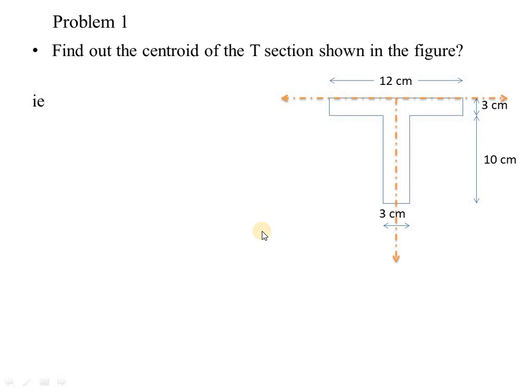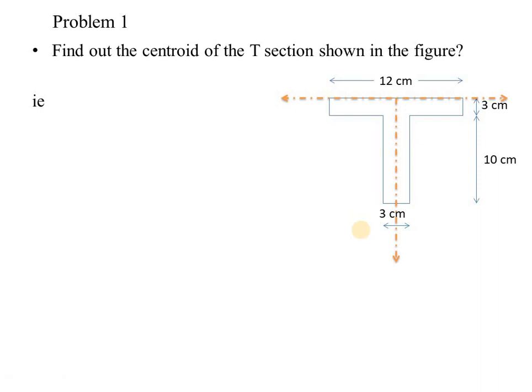First of all, we are considering the x and y axes as shown in the figure. That is, we are considering the x-axis at the top of the T-section and the y-axis at the center of the T-section, such that the y-axis is dividing the entire T-section into two equal halves.